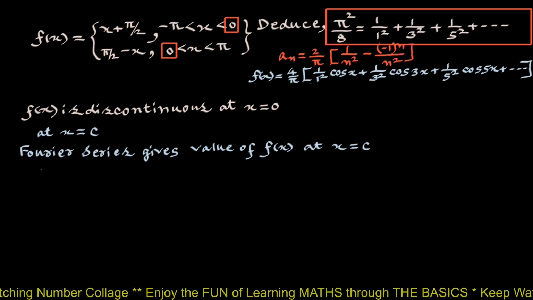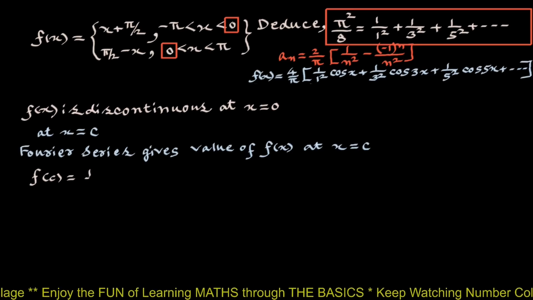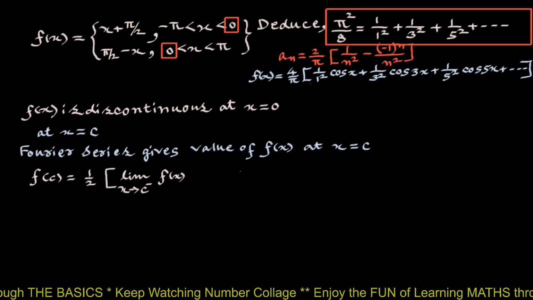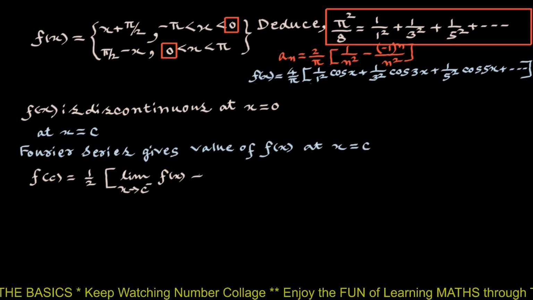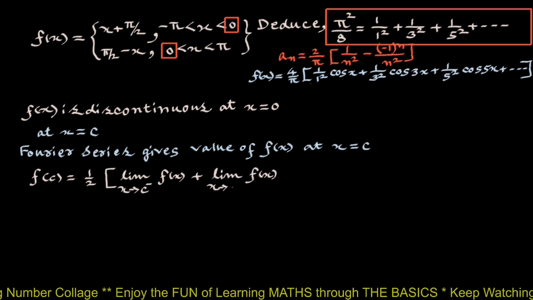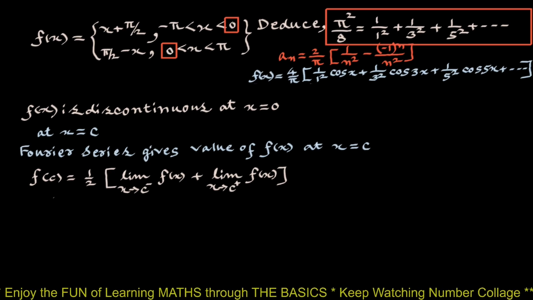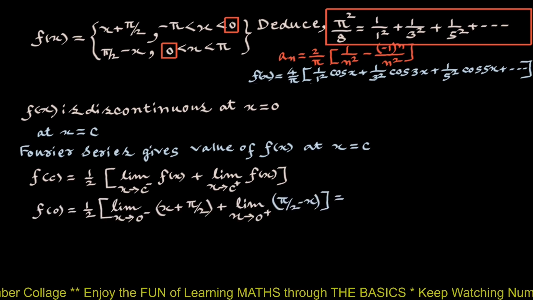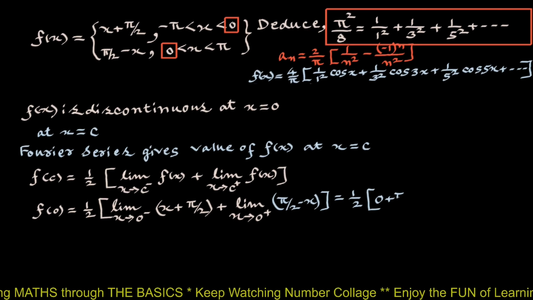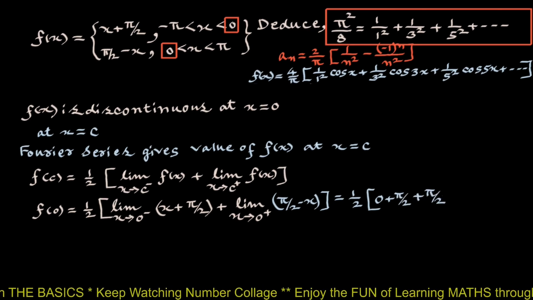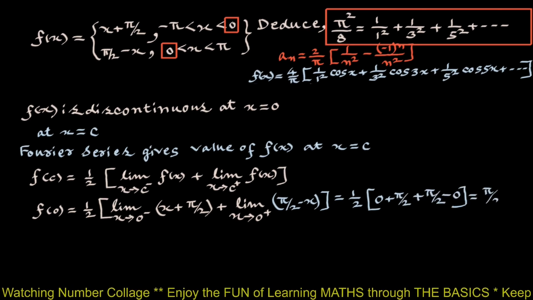So f of c will be half of the left hand limit as x tends to c negative plus the right hand limit as x tends to c positive. So at x equals 0, it will be half into 0 plus pi by 2 plus pi by 2 minus 0, that will be pi by 2.